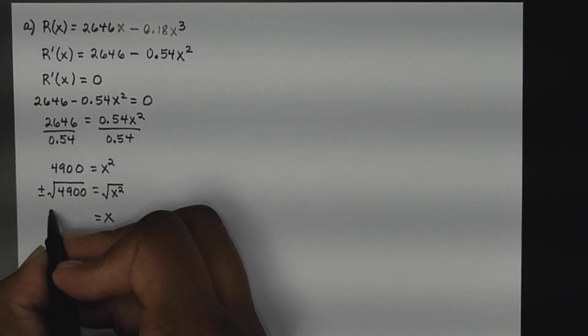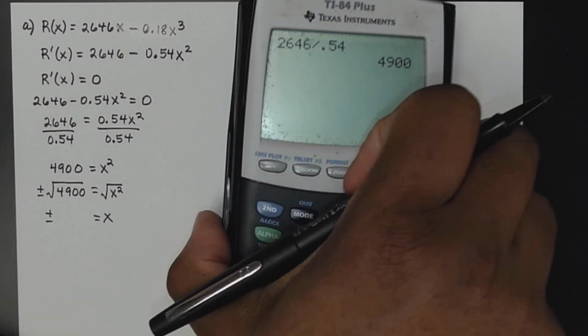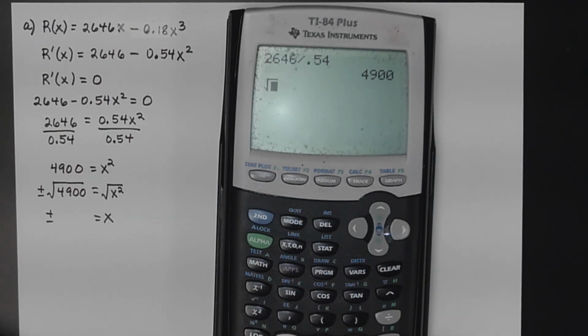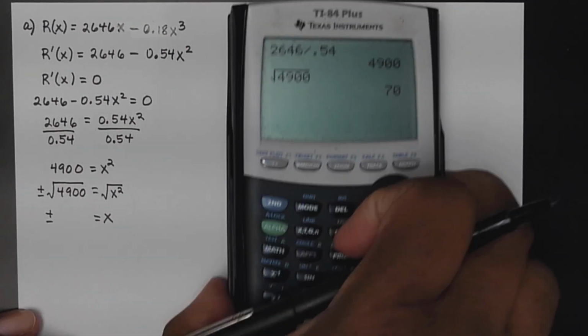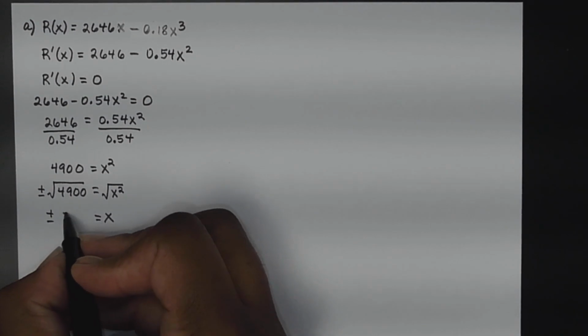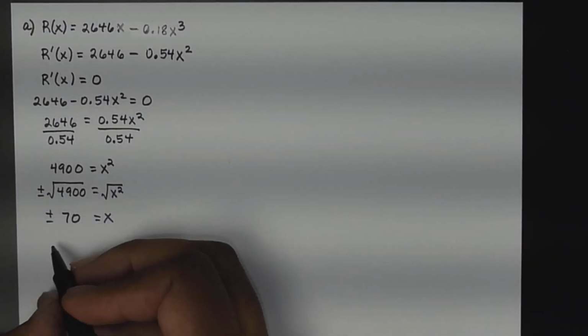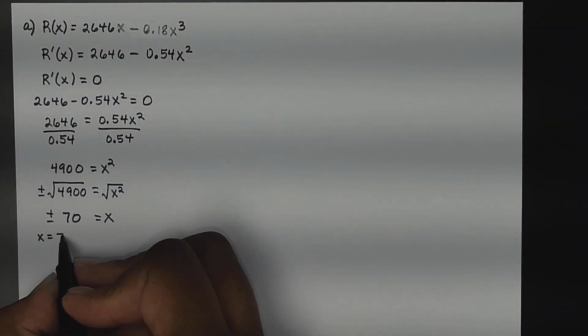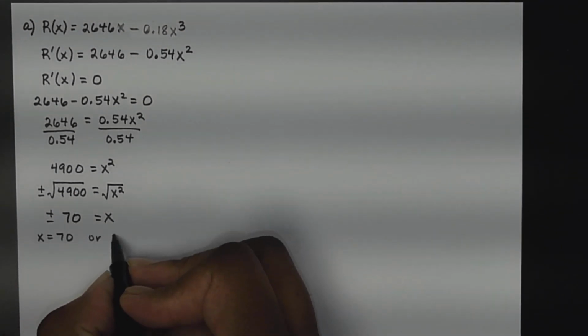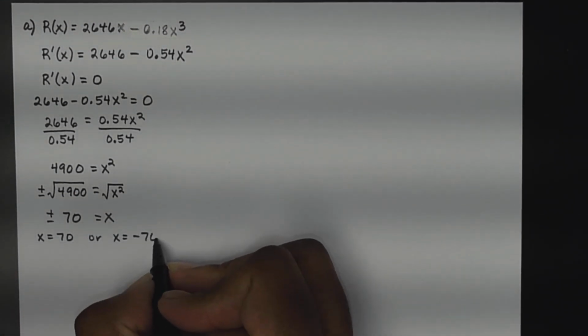So that means x is equal to plus or minus the square root of 4,900. That's 70. And what that means here is that x is equal to 70 or x is equal to negative 70.